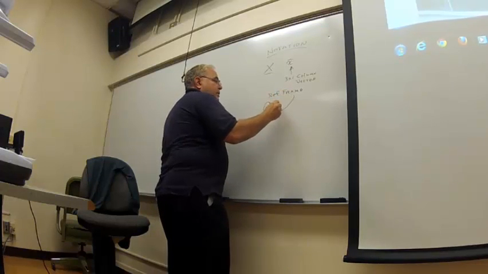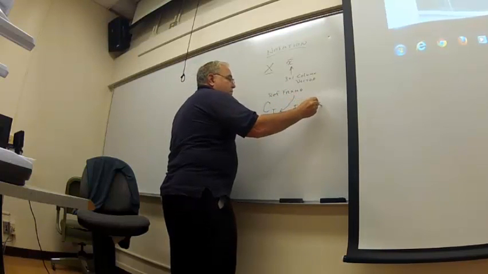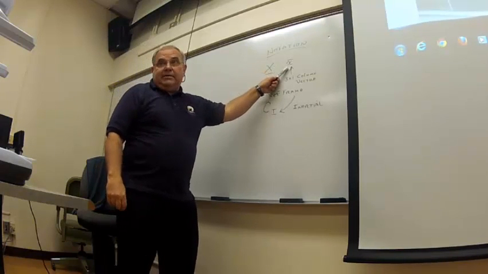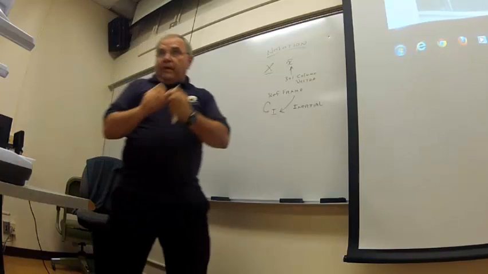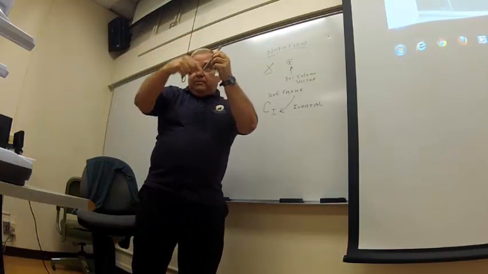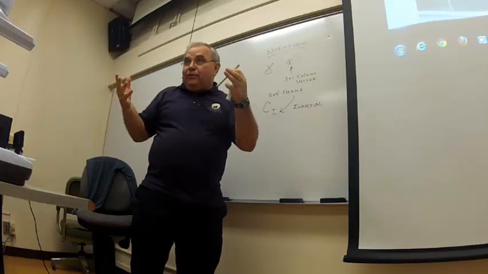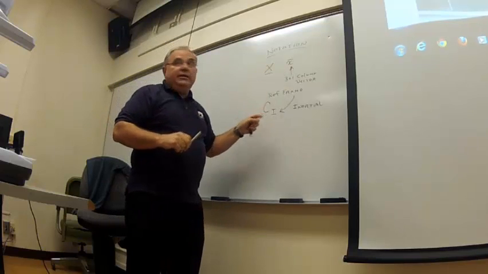So this would be inertial. Make sense? If I was to express vector x in the inertial reference frame, I would project the vector x, y, z on the 3 i, j, k axes of the inertial frame. And those 3 components would be vector x in the inertial frame.